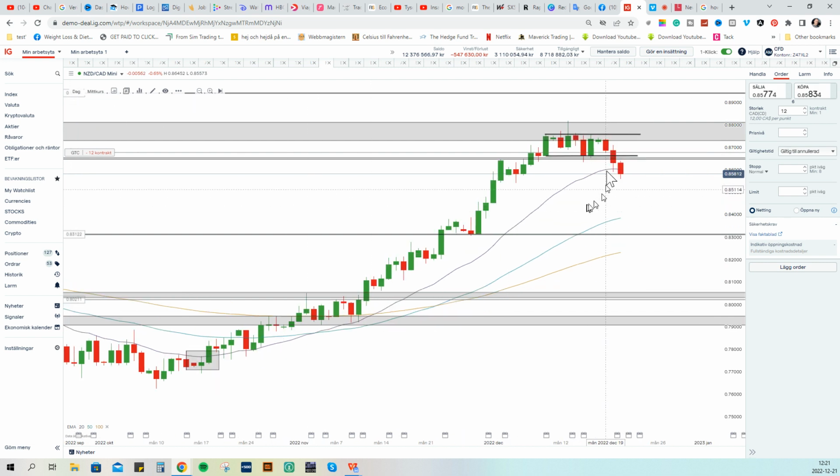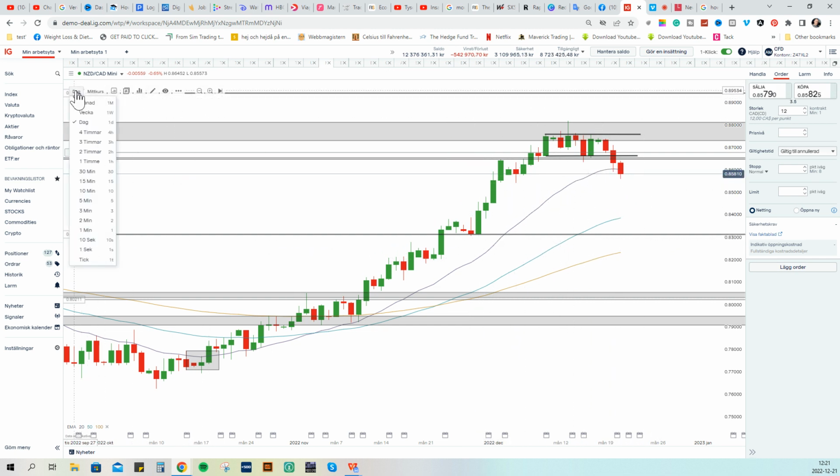And then we had a sideways market for many days, up and down. And yesterday we had a bearish close below this mother bar, below this inside bar pattern. And today we have a further drop, slightly below this 20 EMA here.